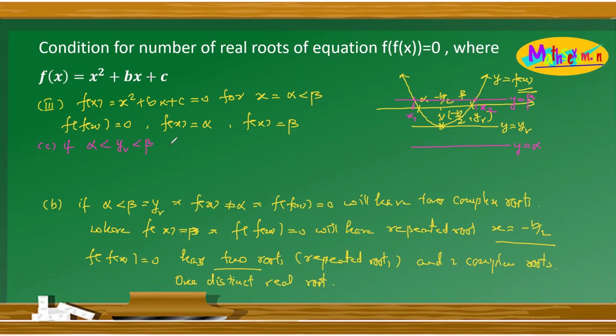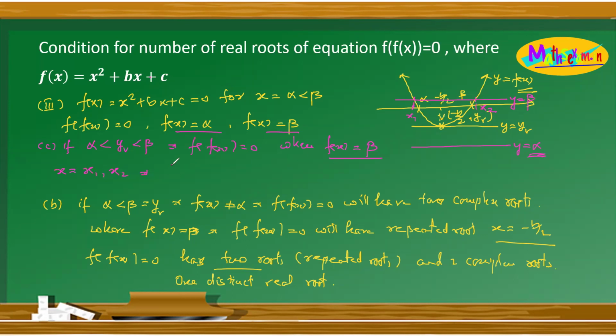So this implies that f of fx will be equal to 0 when fx is equal to alpha or beta, because the roots exist there. Whereas fx cannot be equal to alpha, fx can be equal to beta, and when fx is equal to beta, there are two possible values of x, that is x1 and x2, which are distinct.